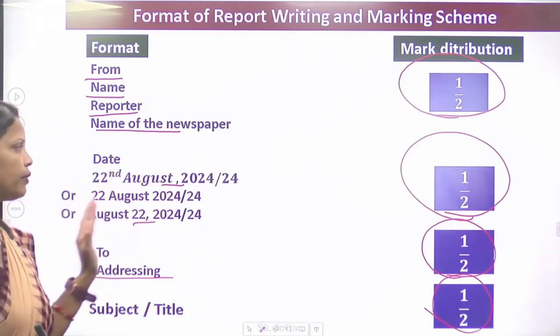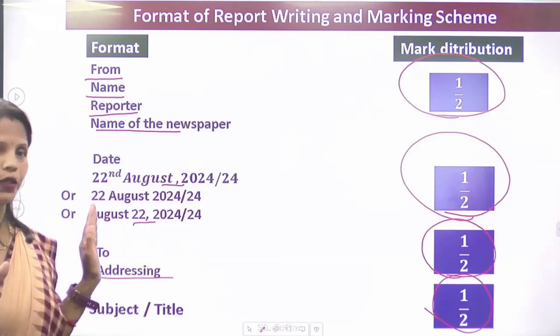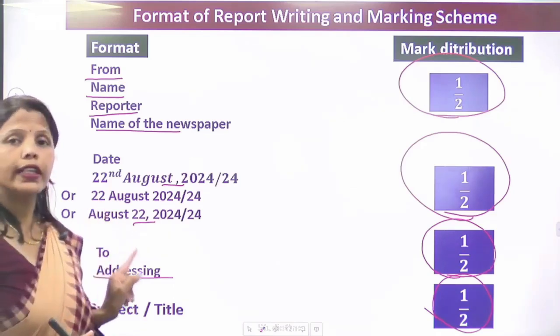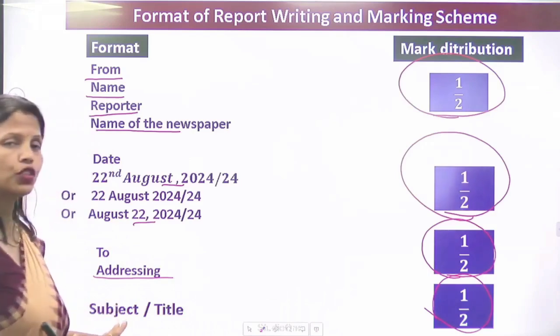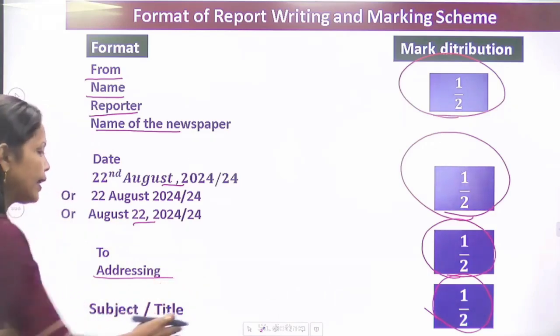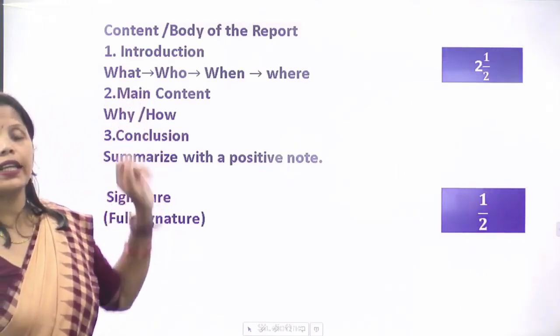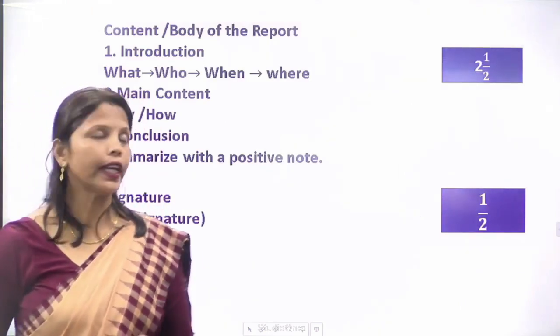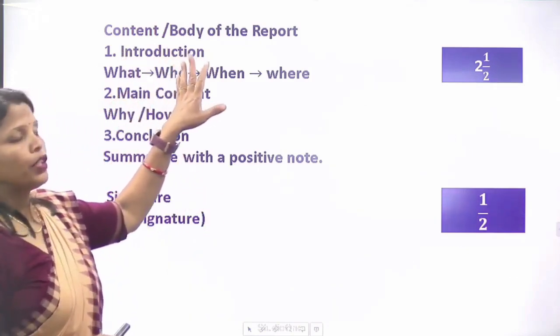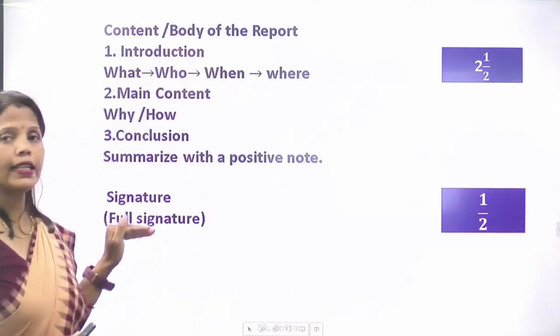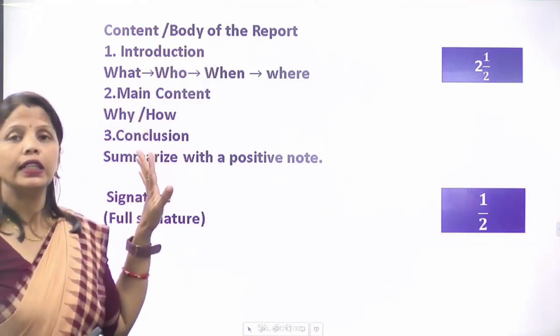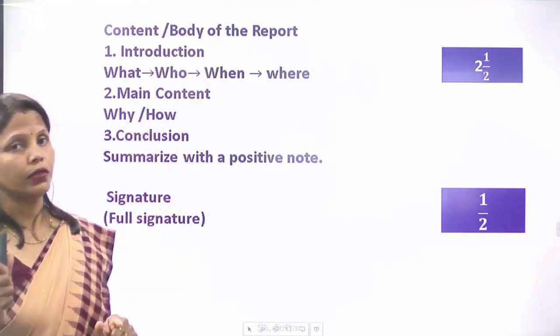Then To and addressing, and subject or title. Then comes the content or body of the report. First write it down, then we will discuss what and how we will write in the body of the report.